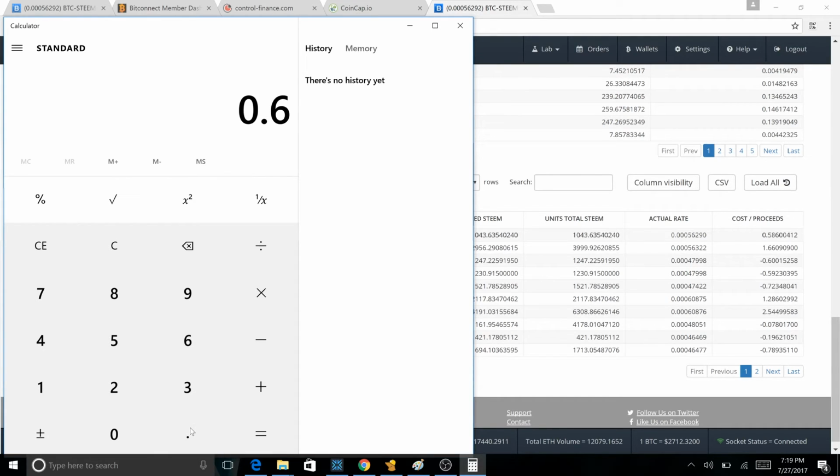We got 0.6001 plus 0.5923 plus 0.7234 for a total of 1.